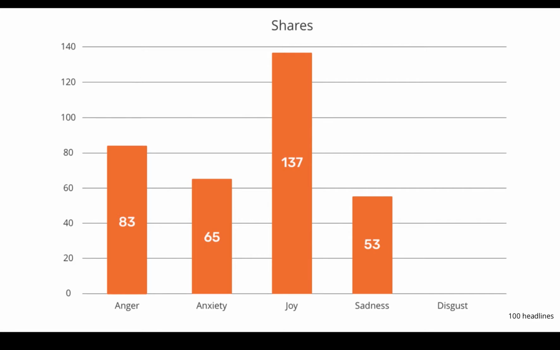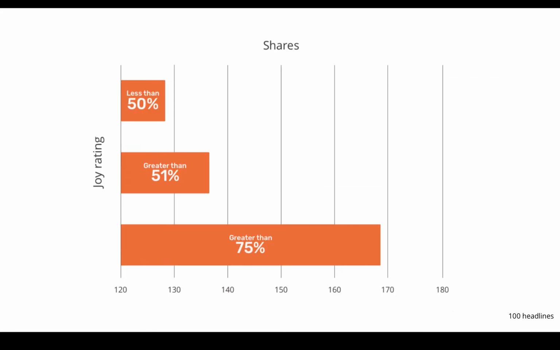Whenever a headline was predominantly an anxious tone or a fearful tone, the average number of shares was 65. Whenever a headline was predominantly joyful, the average number of shares was 137. For sadness, 53, and for disgust, there was no data in the subset for disgust.